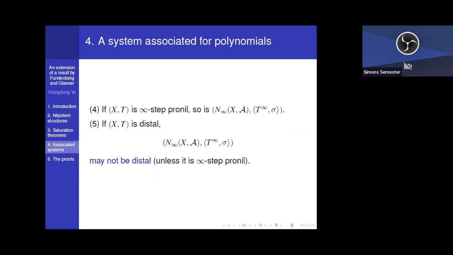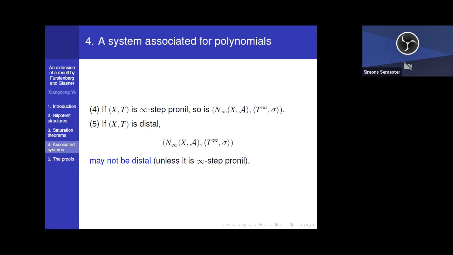So if x is infinity step, then you can see this system is too. Also, you will see if xt is distal, this system may not be distal. The reason is that for the infinity step polynomial system, the map is saturated.